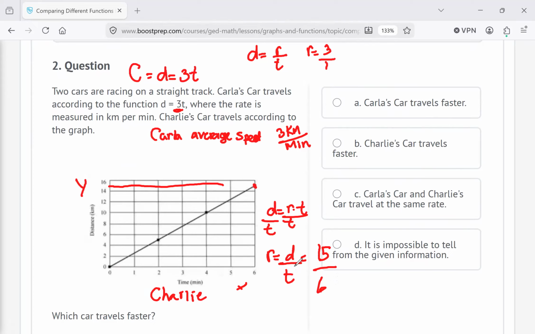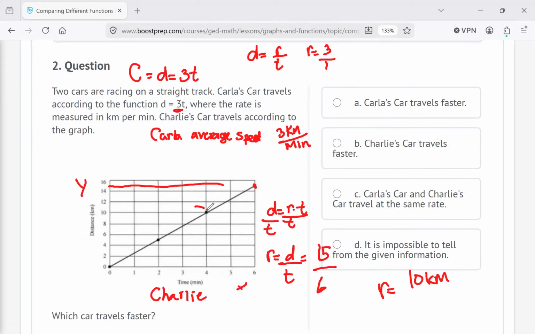Let me double check. You could pick any point. For example, if you choose 10 kilometers for Charlie's distance, what would be the time?